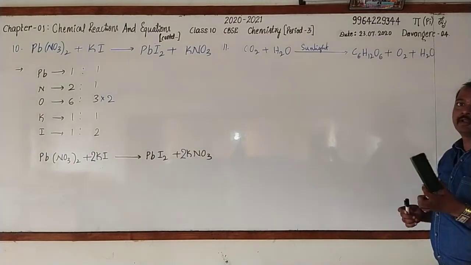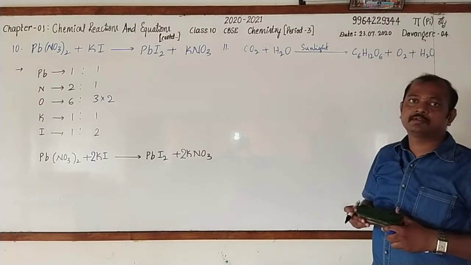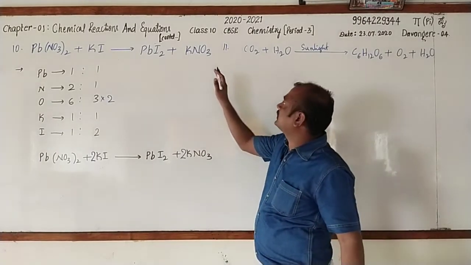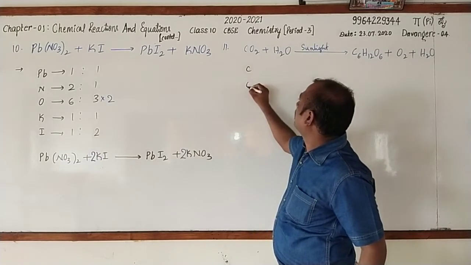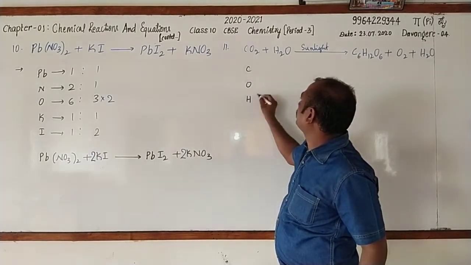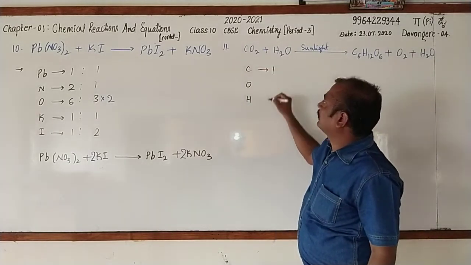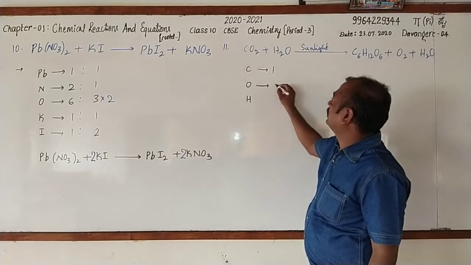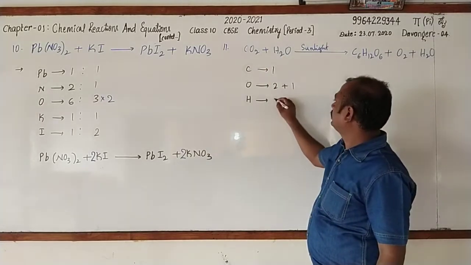Let us go for balancing it. First I will go for listing. Now let us list the number of atoms of each element. Here carbon, oxygen, hydrogen, again oxygen is there. Carbon 1, oxygen 2 plus 1, hydrogen 2.